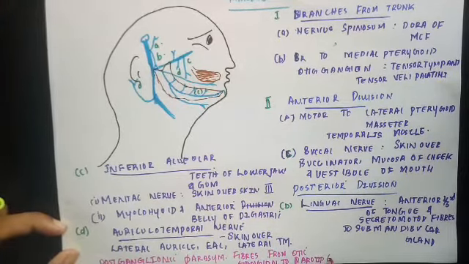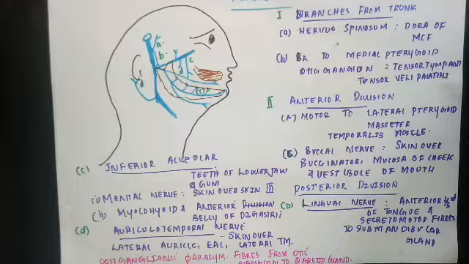We know that the mandibular division of the trigeminal nerve is a mixed nerve. It supplies the muscles of mastication and also the muscles derived from the first branchial arch. So when you are asked about the nerve of the first arch, it is definitely the mandibular nerve. It supplies muscles like the anterior belly of digastric, and the muscles of mastication like masseter, pterygoid, and temporalis.